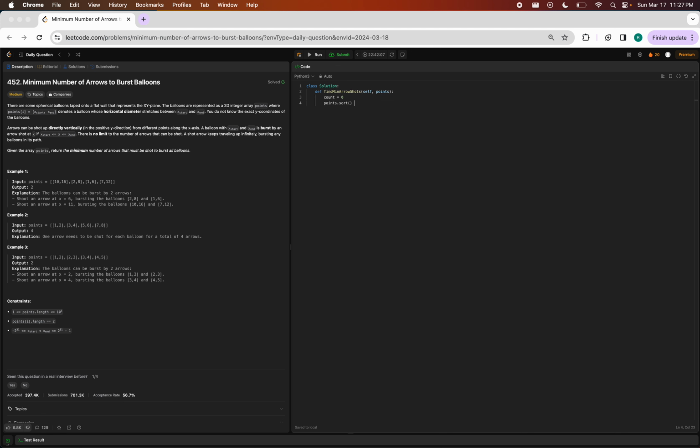This is instantly going to make our solution O(n log n). I can't think of a linear time solution. Maybe there is one, but it's probably still less efficient in terms of runtime. And then we'll have this final list to do all the counting of the intervals.